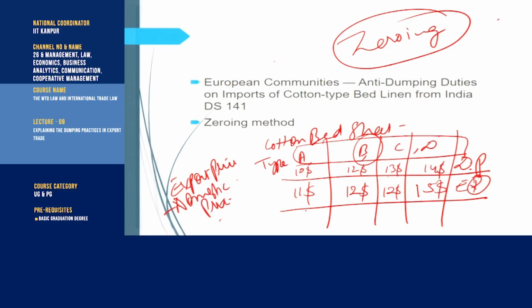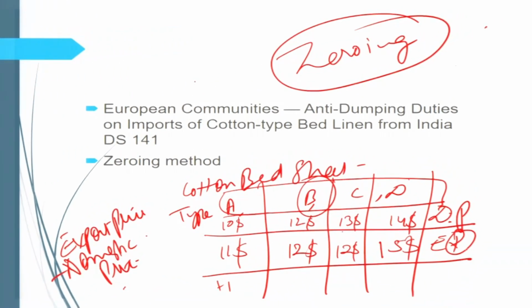So, the outcome here is plus 1, that is the export price minus the domestic market price. Here it is plus 1, here it is 0, here it is minus 1, and here again it is plus 1, because $15 is the export price and $14 is the domestic market price. Now, in the first case there definitely is no dumping.